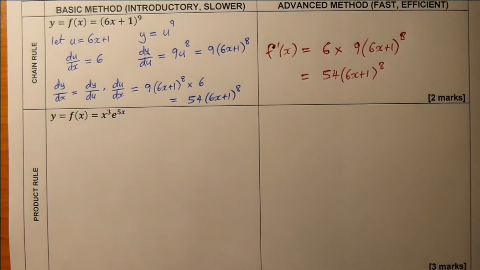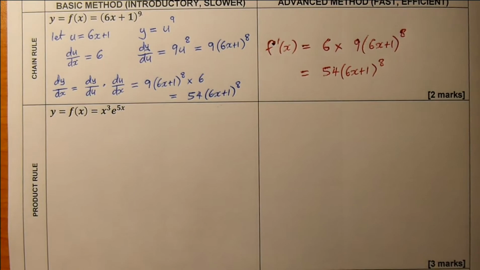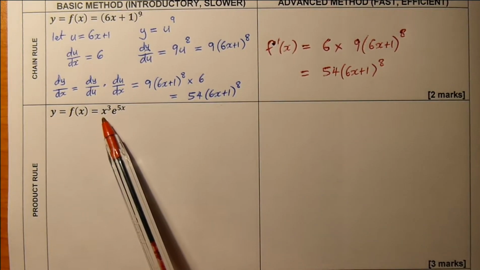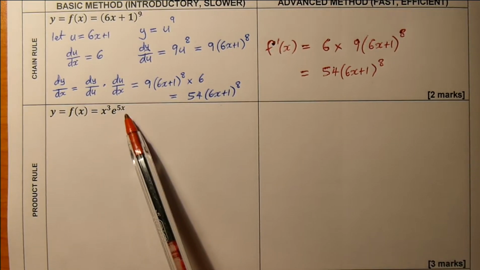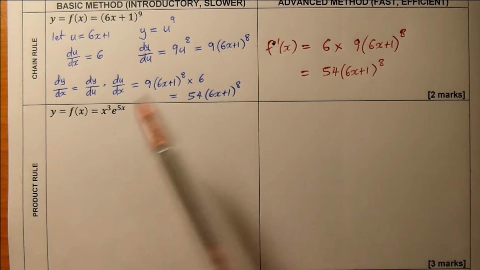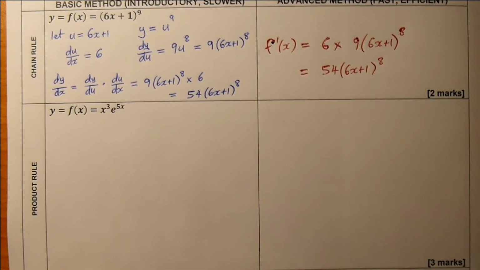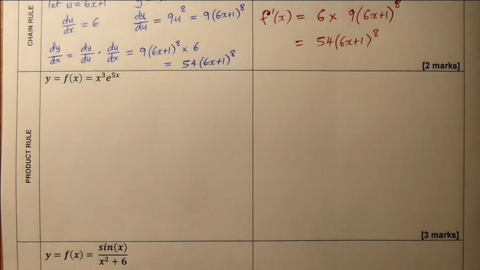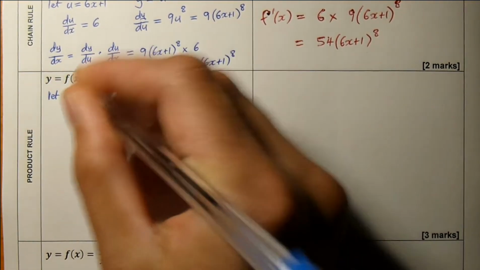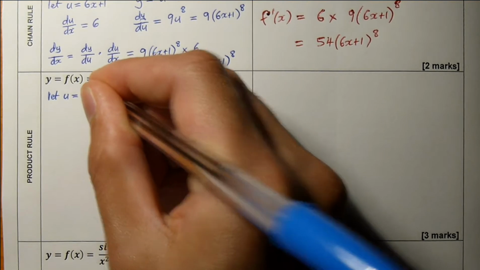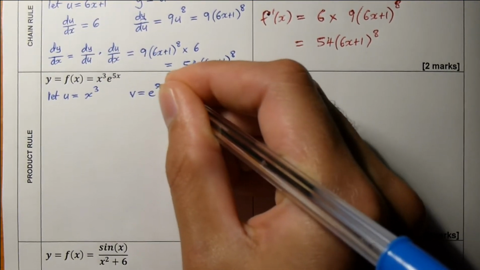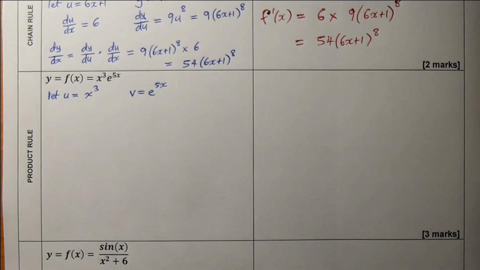Okay, the next one is a product rule. The way I can identify this is that I have one function here, x cubed, being multiplied by another function, e to the 5x. So let u equal the first thing, which is x cubed, and then v is going to be the second function, which is e to the 5x.